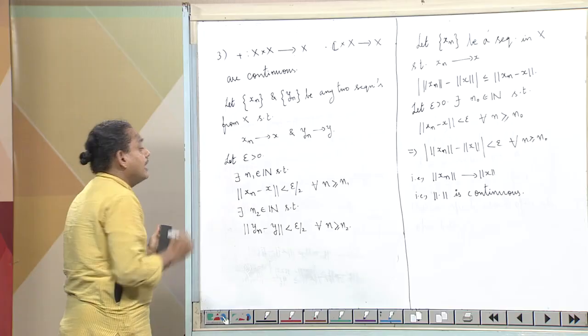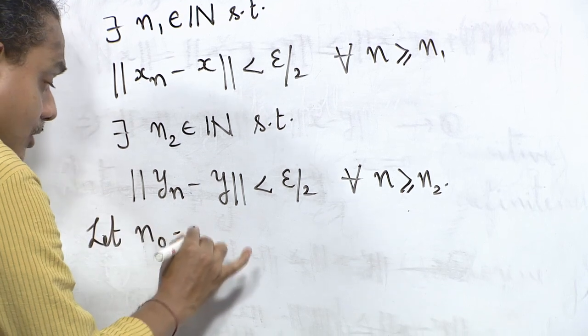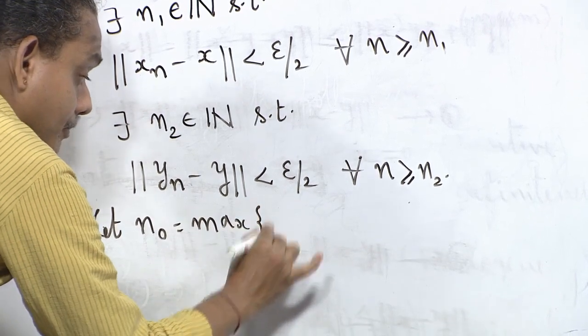Now, we needed an n_0, so let us choose it as max of n_1, n_2.